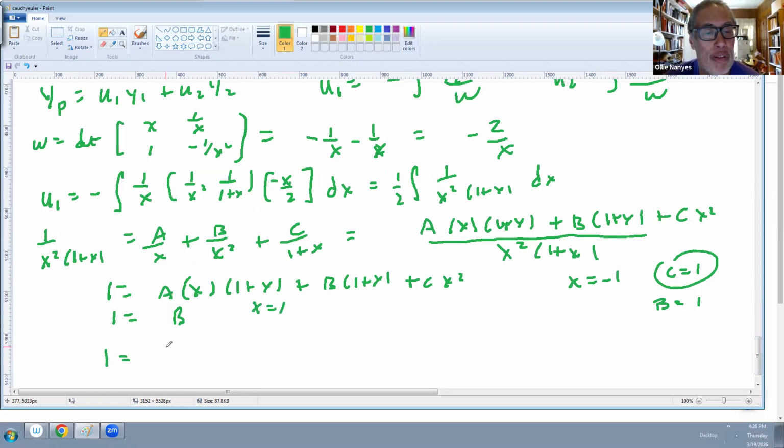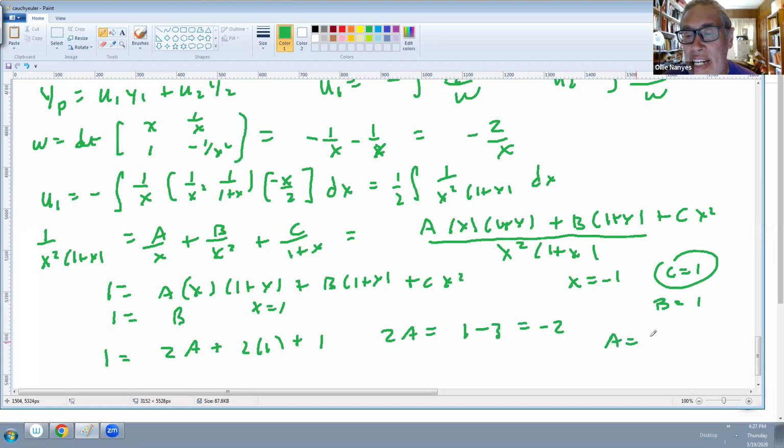Then 1 is equal to 2a plus 2b, and we already know b is 1, plus c, and we know c is 1. So 2a is equal to 1 minus 3, which is -2. So a is -1.